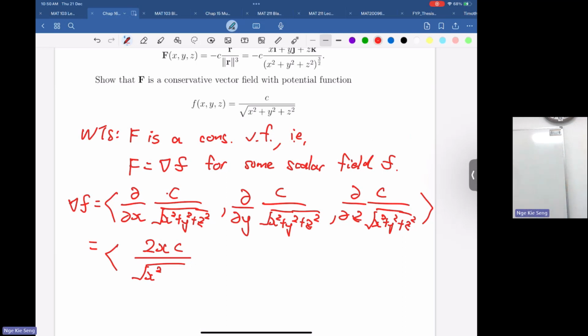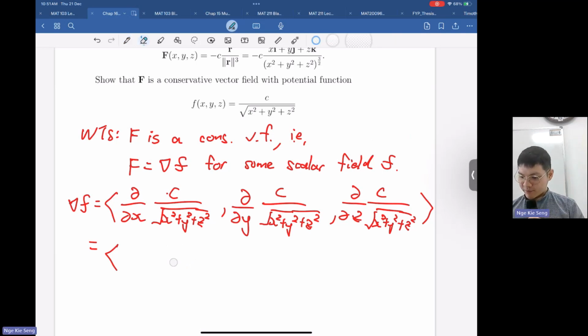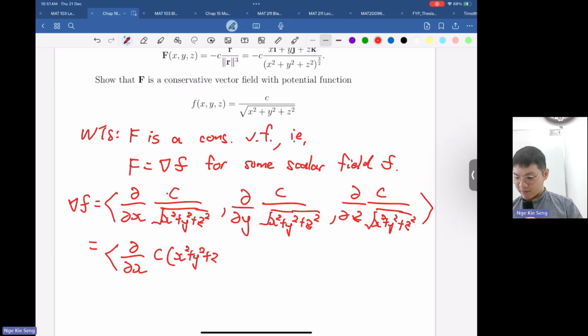Not quite sure. Okay, so if you are not quite sure, maybe I prefer to write it in the index form like this. Then you will know what kind of chain rule is involved, right?